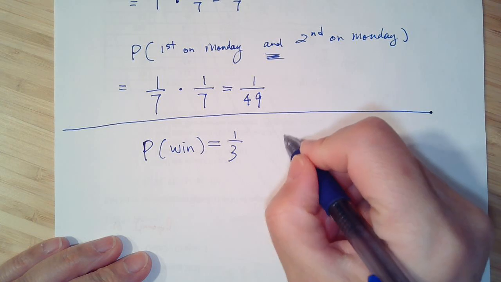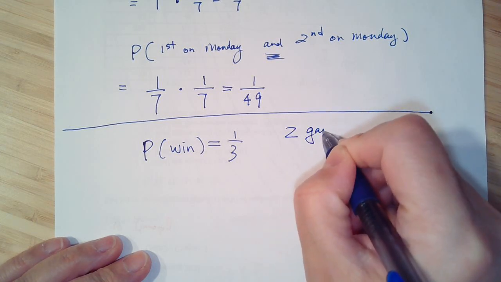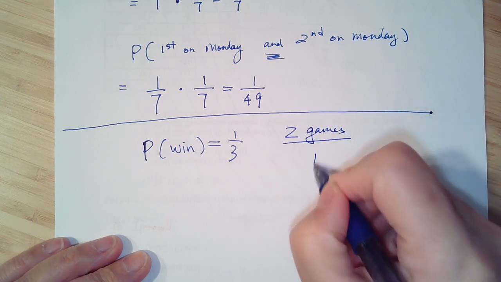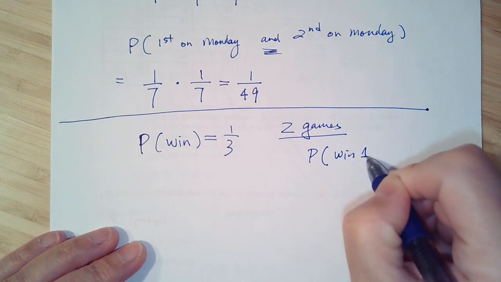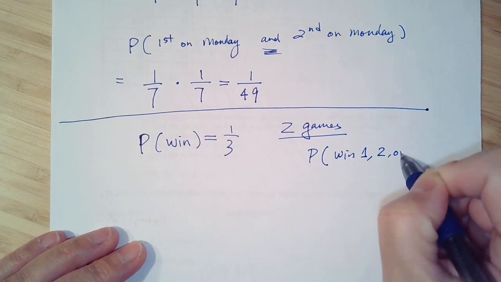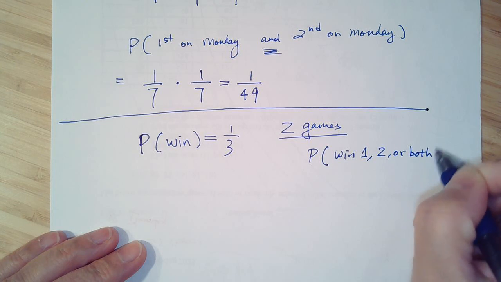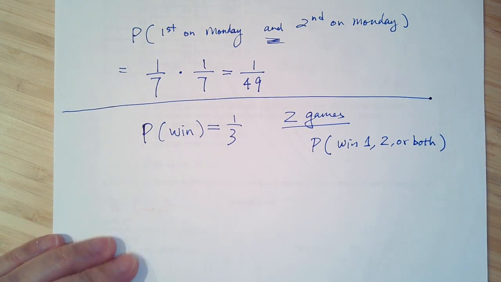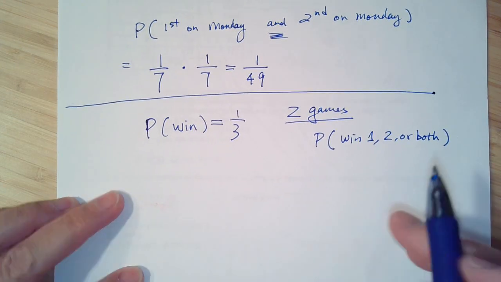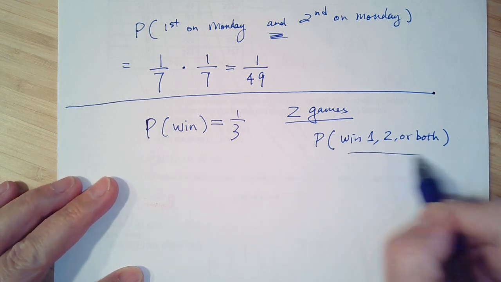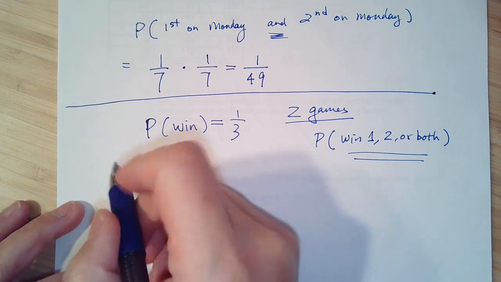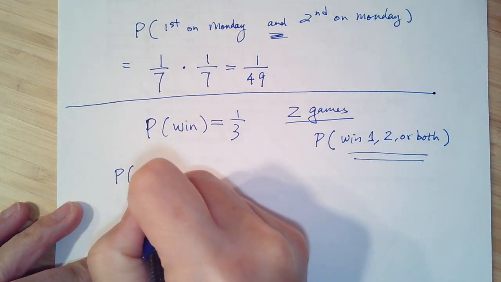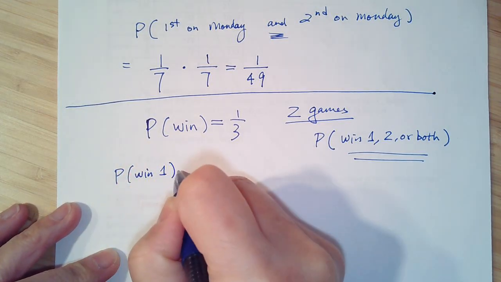2 games. What is the probability that you're going to win game 1, game 2, or both? So how do you do that? The probability of a win something, it just means win something. And the probability to win game 1 is 1/3.